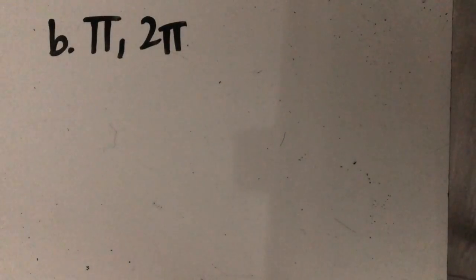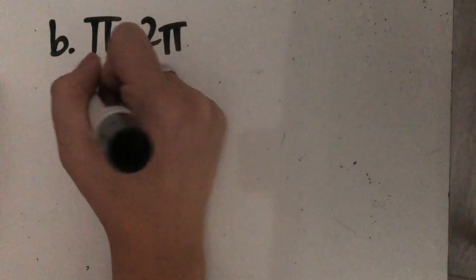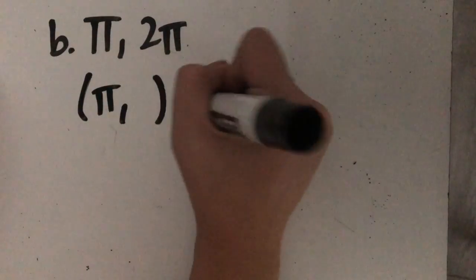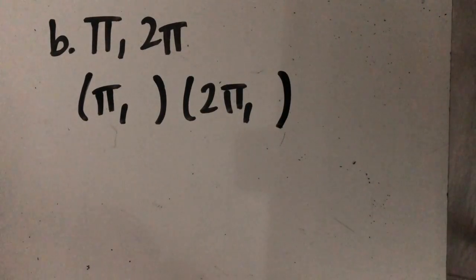So for part B, we found that our concavity was changing at pi and at 2 pi. It does ask us for the points of inflection. So when it asks us for a point, it's actually not expecting something like this. It should be pi comma something and 2 pi comma something. So how do we figure out the something? Plug it back in to our original. For their points, we always want to go back to the original.